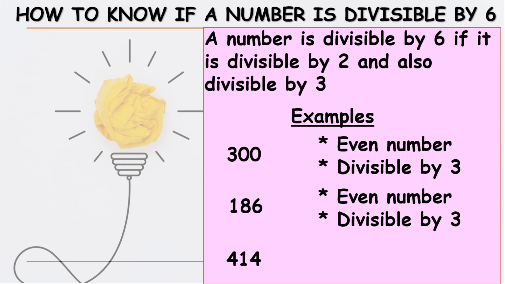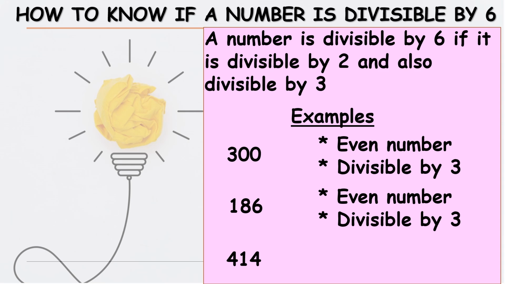Let's look at 414. Is 414 an even number? Yes, it ends with the 4. It ends with an even number. Therefore, the overall number is even. So therefore, it's divisible by 2. 414, is it divisible by 3? By our divisibility principle, for it to be divisible by 3, if we add the individual digits and it is divisible by 3, therefore it will be divisible by 3.